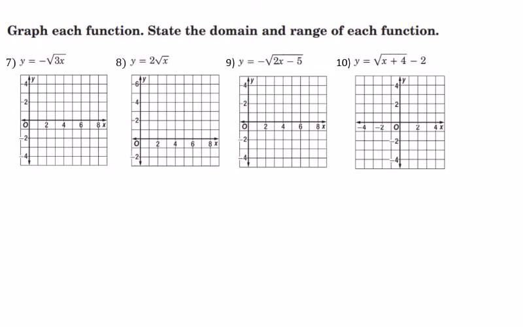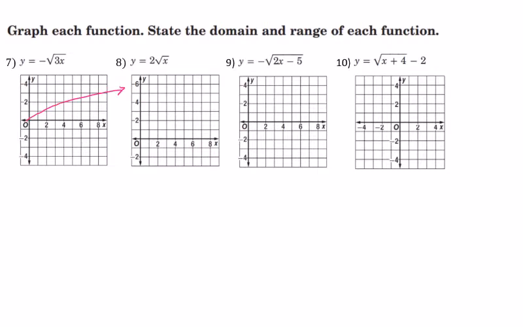So what's happening? This is the parent function, but I have a negative out front. Remember, if you have a negative out front, outside the parentheses or outside of whatever's happening with the function, in this case outside the radical, that means it's going to be a reflection across the x-axis, right? It's going to be a vertical change. So instead of it starting out like this and going up, it's going to go upside down the other way.